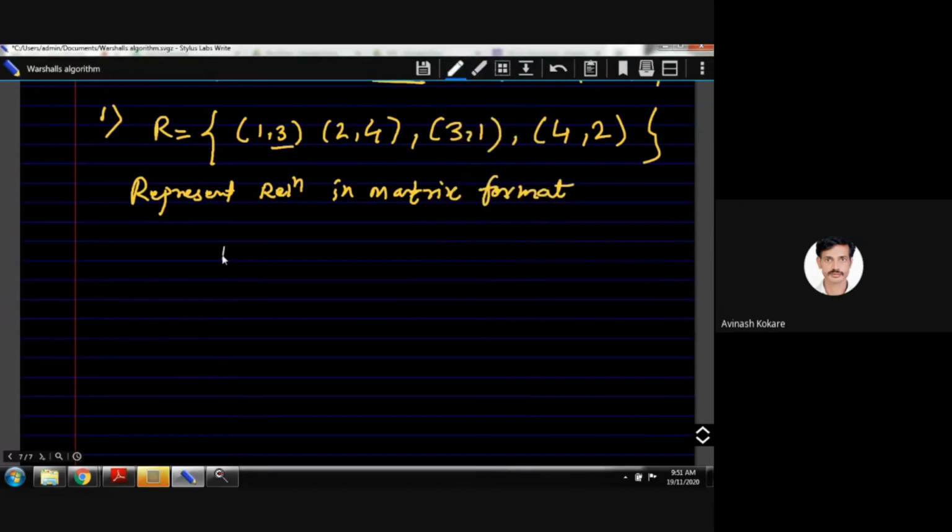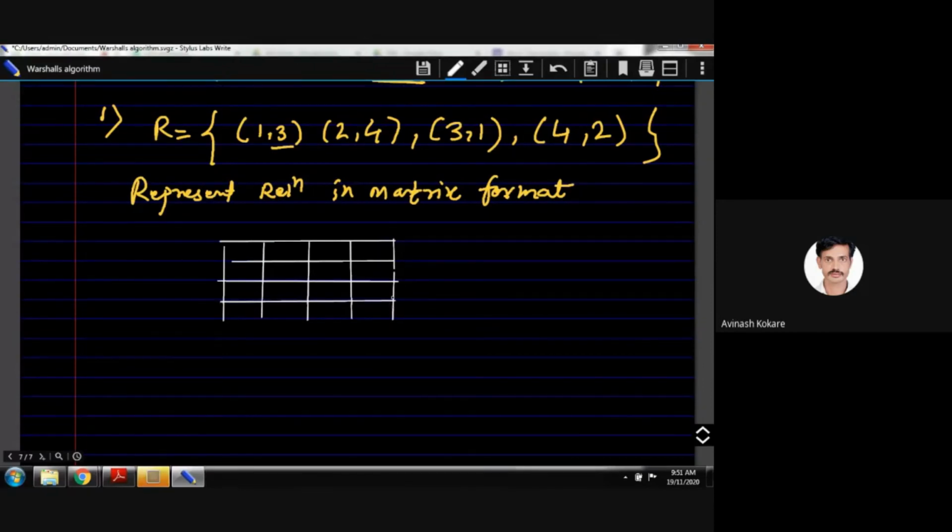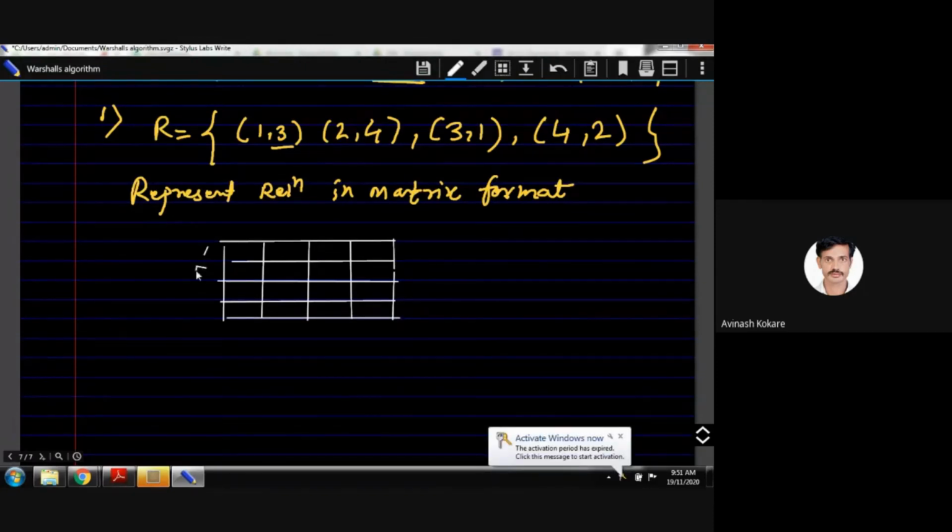So take rows 1, 2, 3, 4 and columns 1, 2, 3, 4.